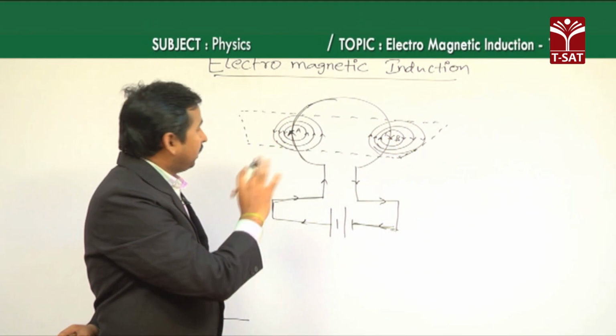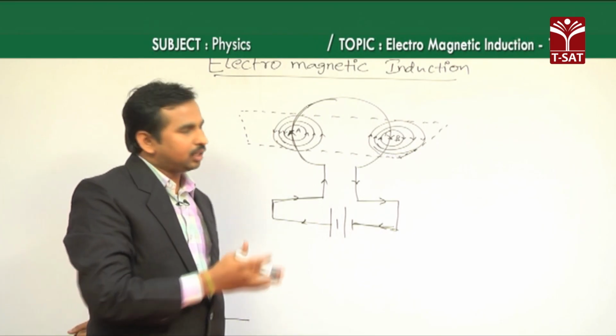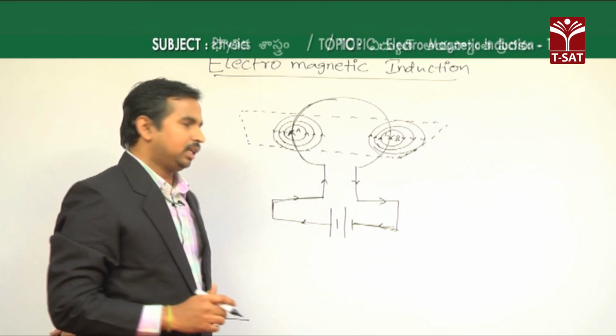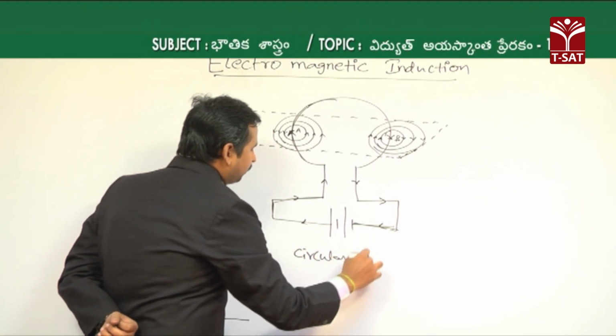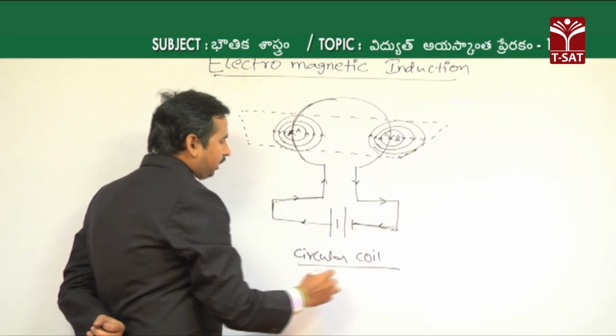So that is why, when compared to the straight conducting wire, this is a circular coil carrying current.